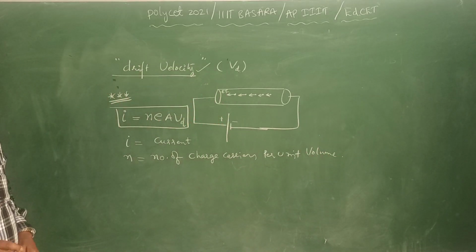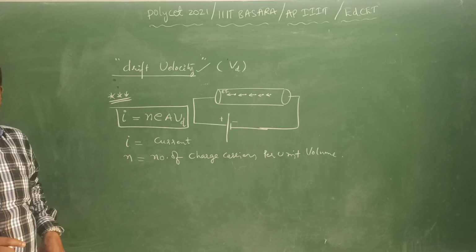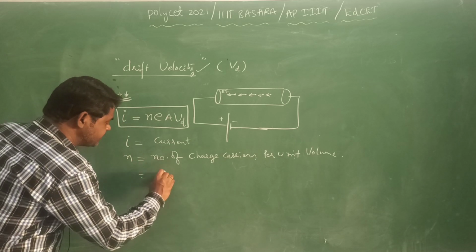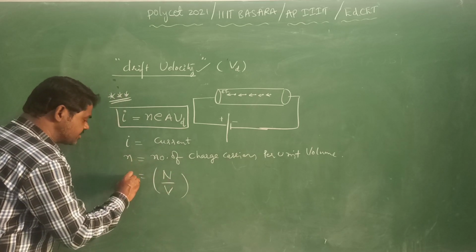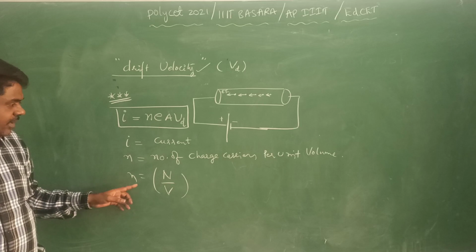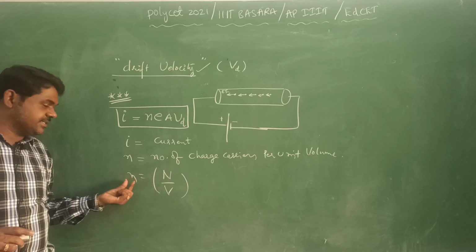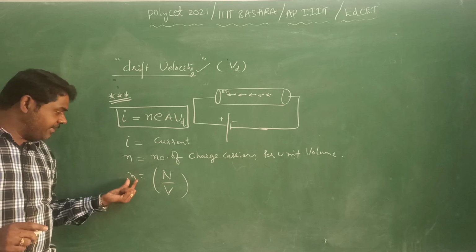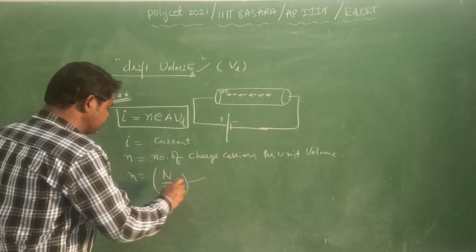That means for a given volume, how many charge carriers are there? That is N. If N number of charge carriers are there per V volume, then N by V is equal to N. N is equal to number of charge carriers by volume. This is not just a number. So number of electrons per unit volume. This is important. So this is about N.